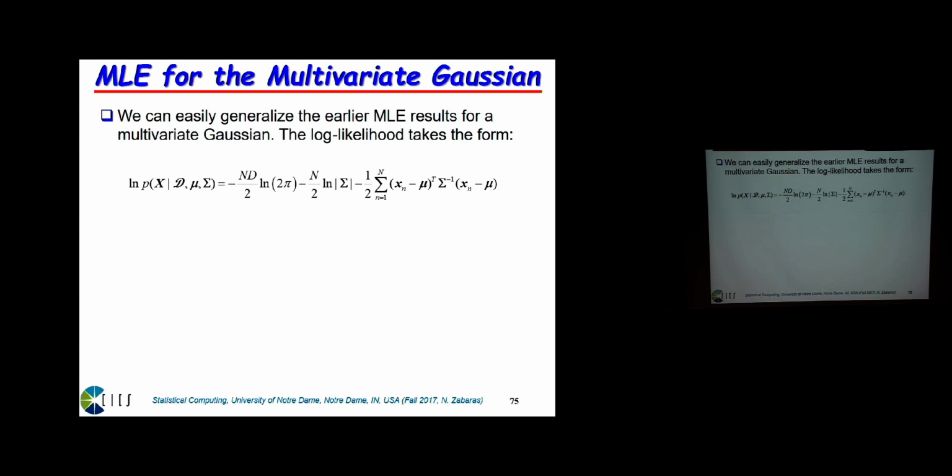Obviously, immediately you can see, okay, mu maybe is not a problem, but for sigma, you have the log of a determinant of sigma, so you have to take the derivatives of the determinant of the matrix with respect to the matrix. Is that a problem?